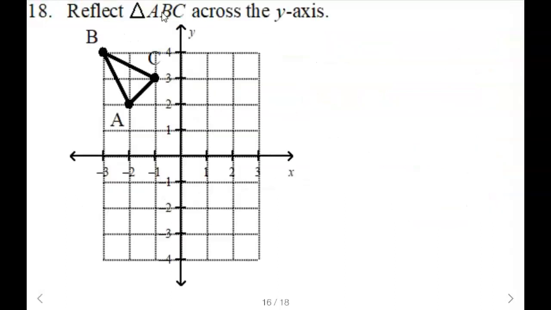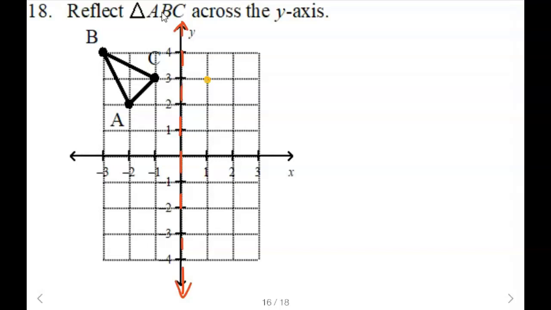All right, here we want to reflect it across the y-axis. So this is our y-axis. The original triangle is already graphed. We're just going to reflect it. So the C is 1 unit away, and so 1 unit on the other side would put us at 1, 3.